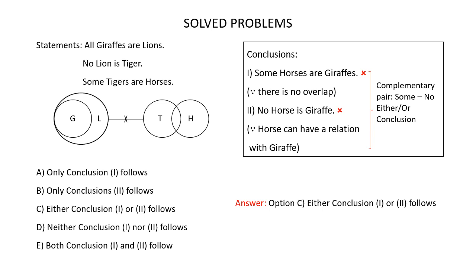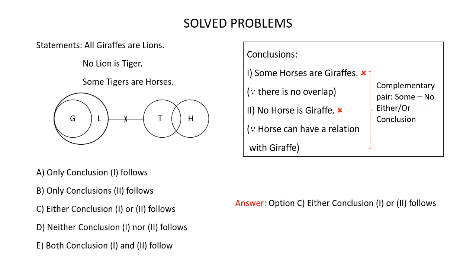Also, conclusion 1 is a positive conclusion, conclusion 2 is a negative conclusion. The subject and predicates are the same in both the conclusions. Conclusion 1 is of the type some, conclusion 2 is of the type no. So clearly conclusion 1 and conclusion 2 are a complementary pair of the type some, no.